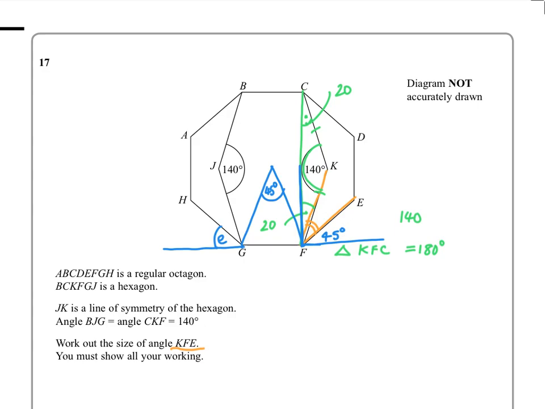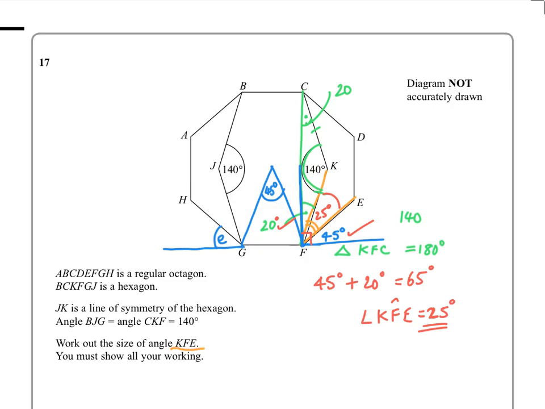So I'll just draw that as a right angle there. So if I already have 45 degrees of it taken up, and then another 20 degrees taken up, that is 65 degrees, and that only leaves 25 degrees for what I need. So I would say angle KFE is 25 degrees.